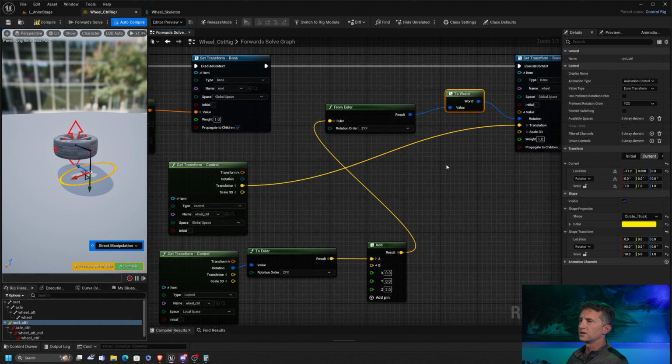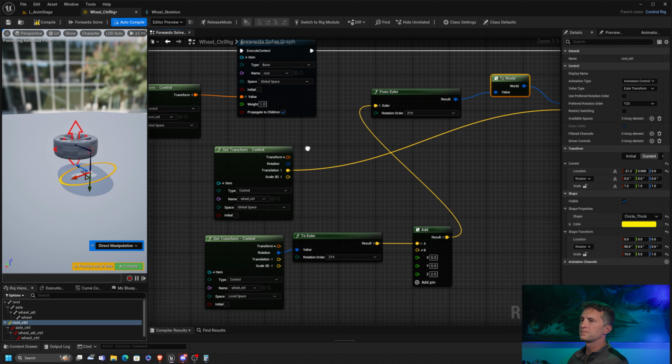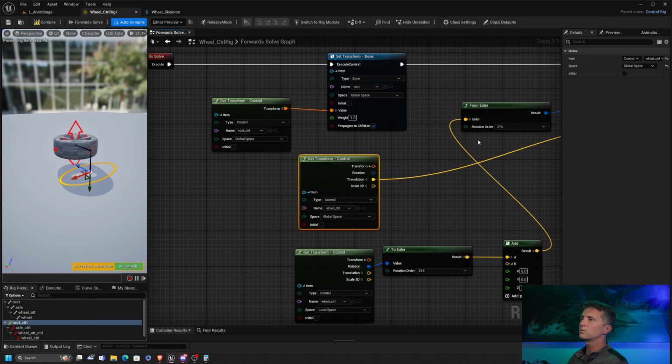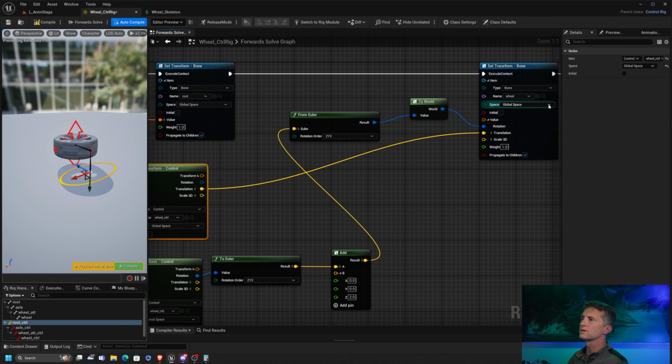Okay, so let's see here. What are we gonna do? We have our control. Let me think. We're going to feed this in. We do want it to be the local space rotation. I think we want this to be local space.